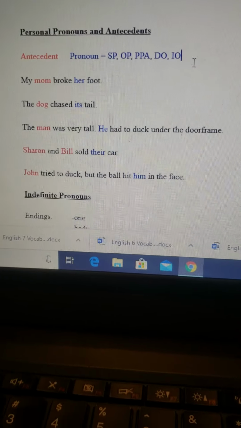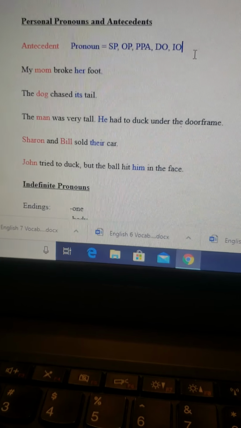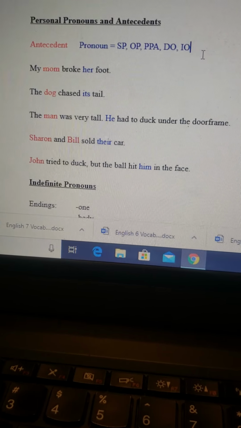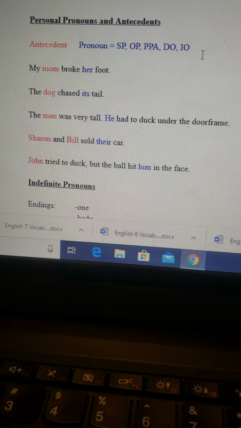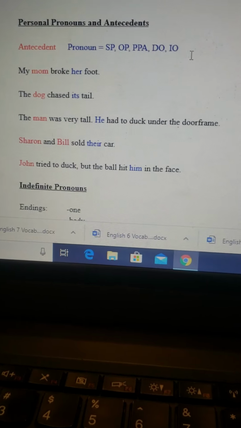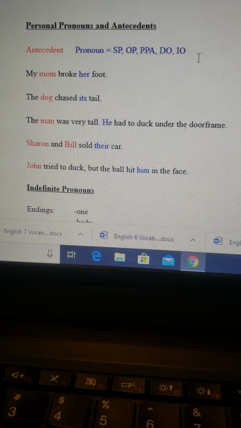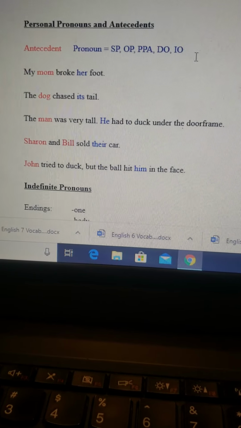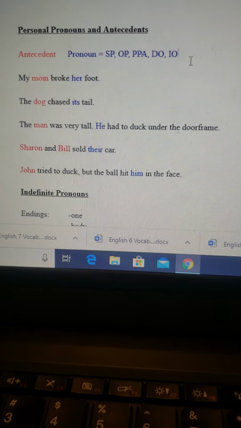PPAs and SPs are obviously always pronouns. Object of the preposition, direct object, indirect object, if it's a word like him, her, it, them, they, things like that. Well, not they, that's a subject, but them, us, any words like those are pronouns.